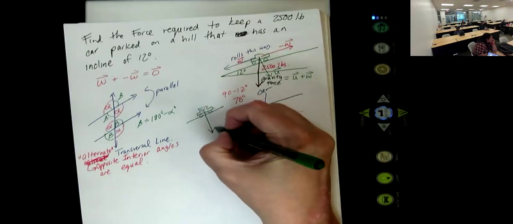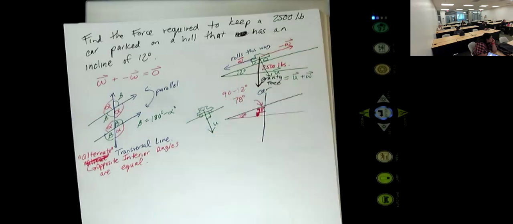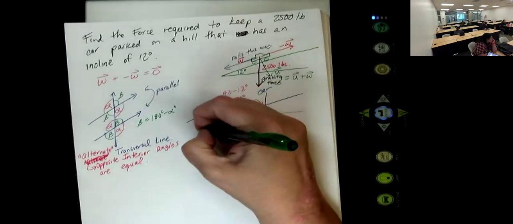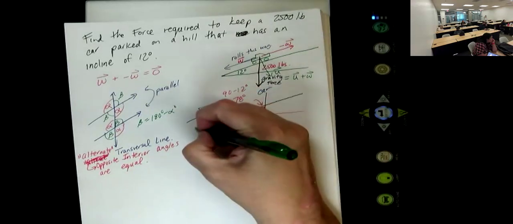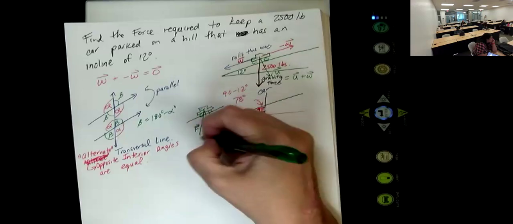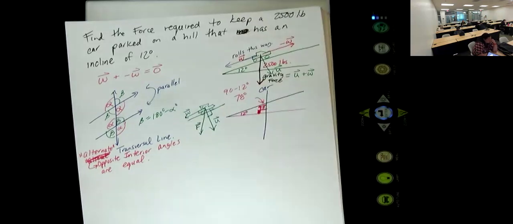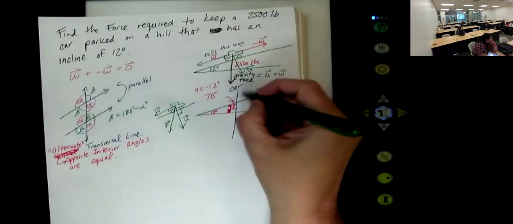That force U makes a right angle right there. And then the gravity force is straight downward. Let's call that F. Again, that's not important to this problem, but it is handy to know.